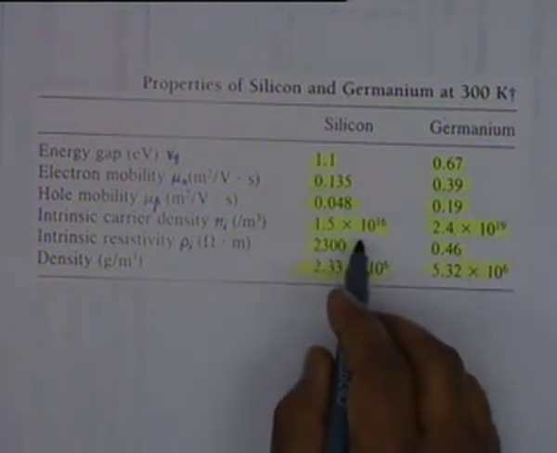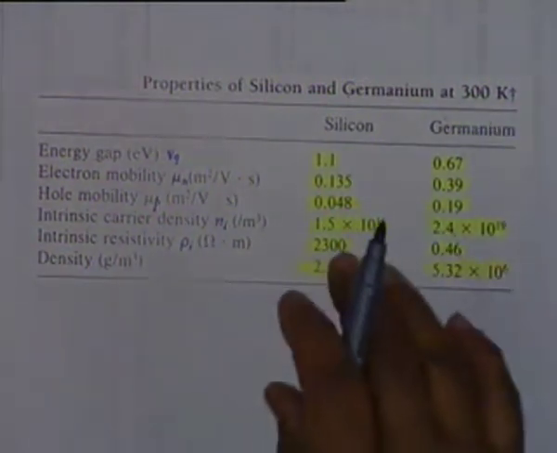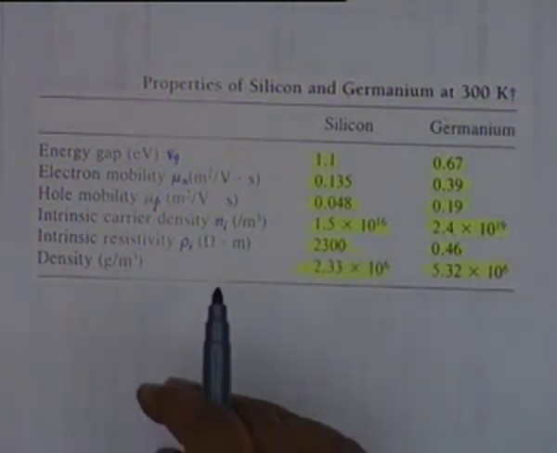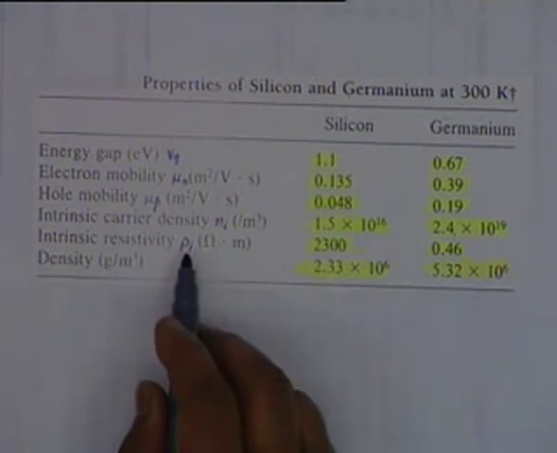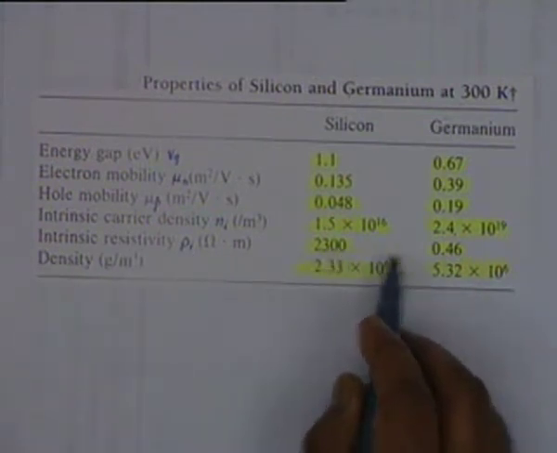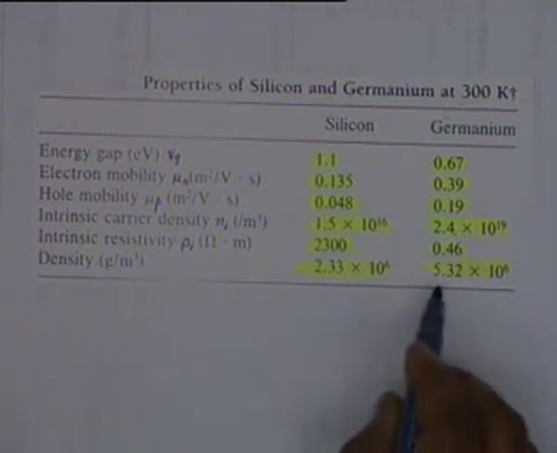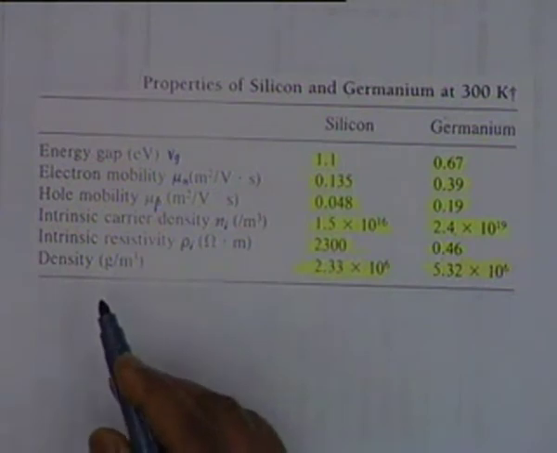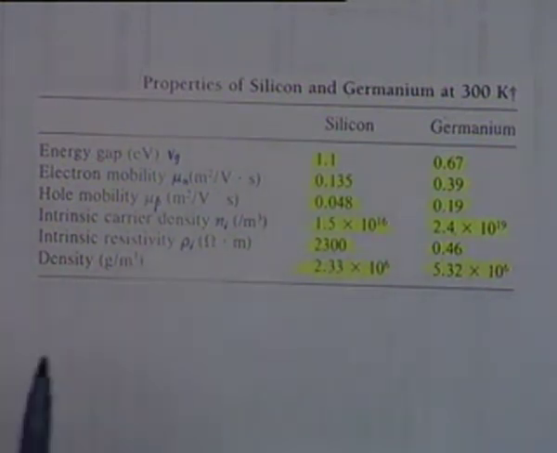The intrinsic carrier density, this is at room temperature, that is 300 K, is 10 to the 5 less than the intrinsic concentration of atoms. The intrinsic resistivity is 2300, which is a pretty large number. Germanium is much less, only 0.46, and the density is the physical density, that is grams per meter cube, not kg per meter cube.